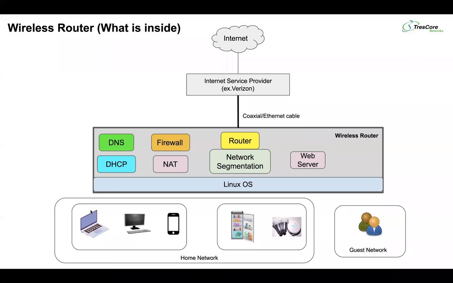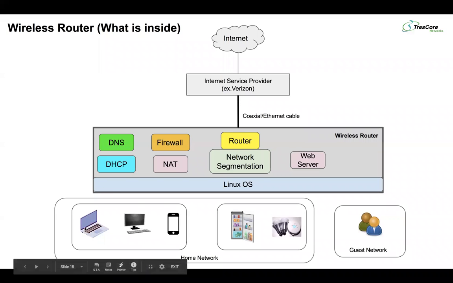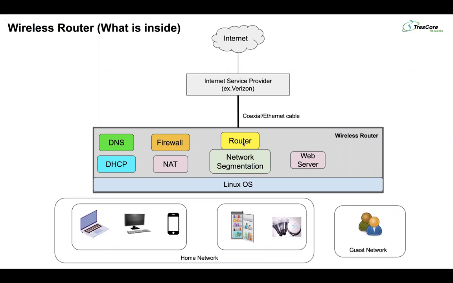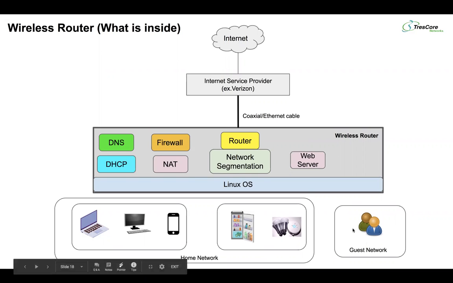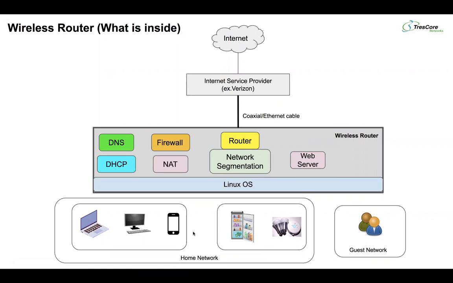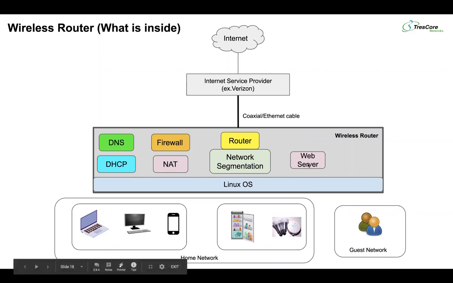So how does it know that you are the one who asked for that, right? So networking plays a part, and the routing also plays a part, where it knows that the device is in the guest network, and there are devices in the home network. How does it differentiate and keep those isolated? So that's there. It also has a web component. We are not going to talk about it.